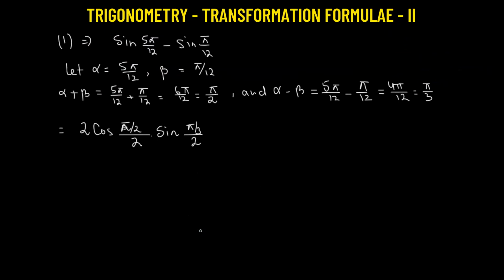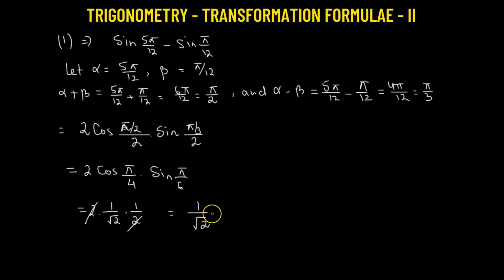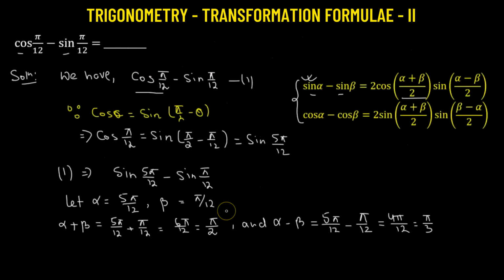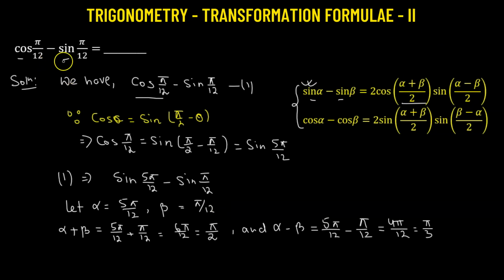So this gives us 2 times cosine of pi over 4 radians multiplied by sine pi over 6 radians. Now these are all standard values. Cosine pi over 4 is 1 over square root of 2. And sine of pi over 6 is 1/2. The 2 and 1/2 cancel out, and that leaves us with the final value 1 over square root of 2. Therefore, the value of cosine of pi over 12 minus sine pi over 12 came out to be 1 over square root of 2.